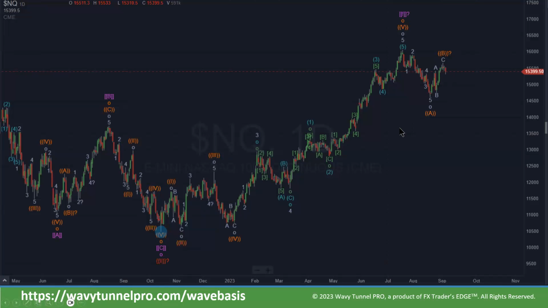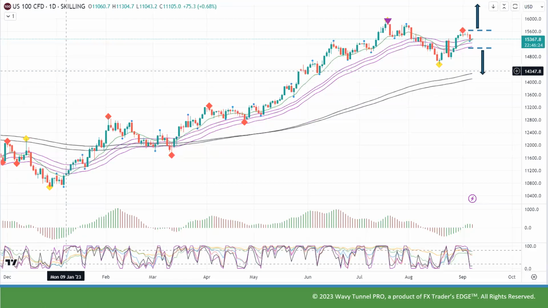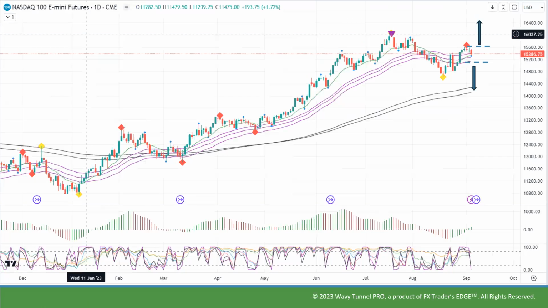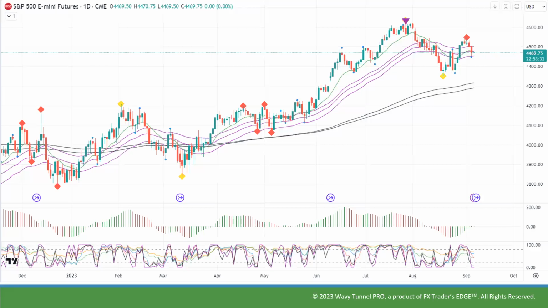So that's NASDAQ. Now let's look at the S&P. Similar pattern as to NASDAQ, all similar patterns. We're at a juncture now. So this is the ES futures market daily, same story.